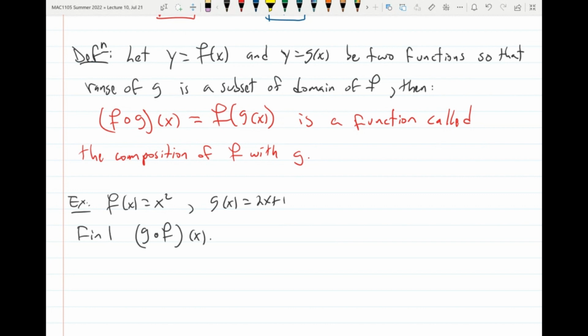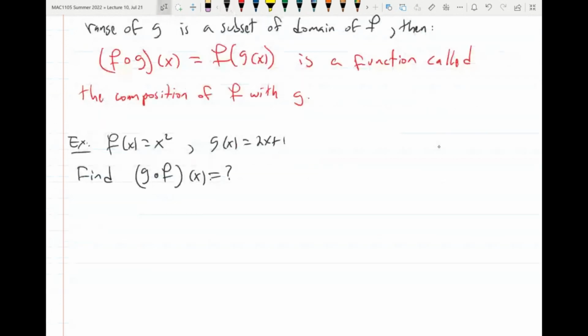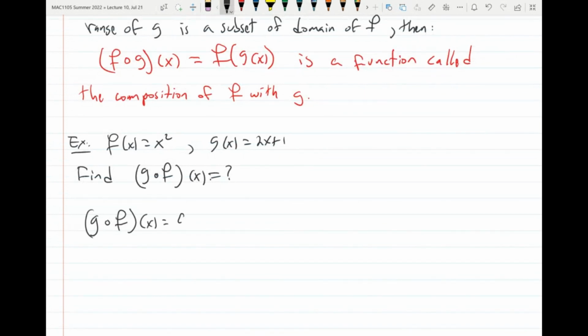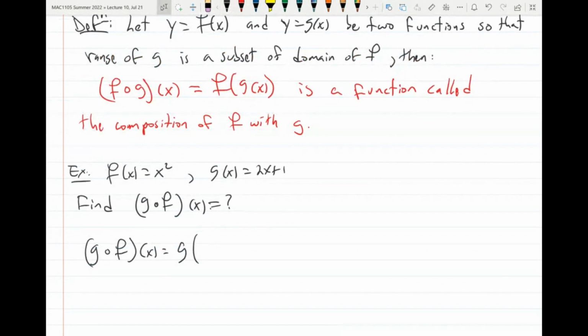In other words, if you want to figure this out, what is it that you need to do? When you have a composition, this one is called the outside function and this one is called the inside function. It should be clear why they're called outside and inside. Here I switch them: the outside is g and the inside is f.